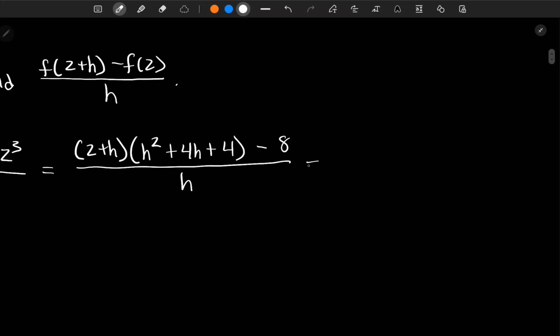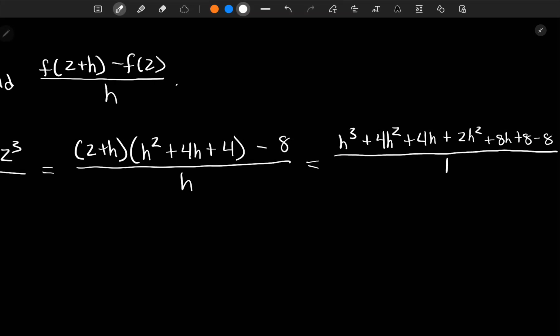Then we expand this out once more, and we get h cubed plus 4h squared plus 4h plus 2h squared plus 8h plus 8 minus 8 divided by h.